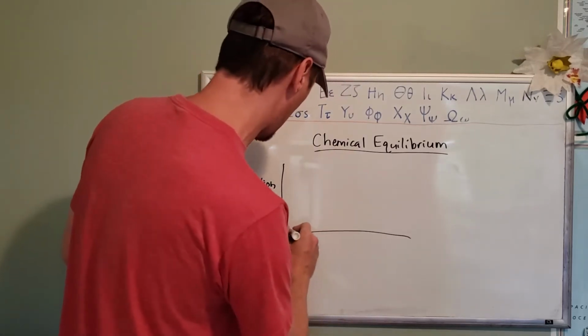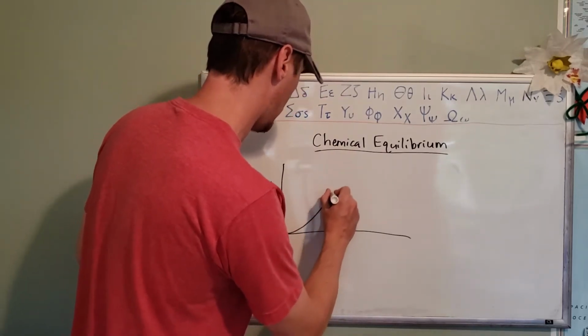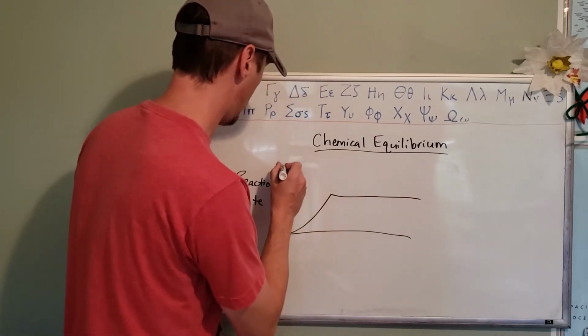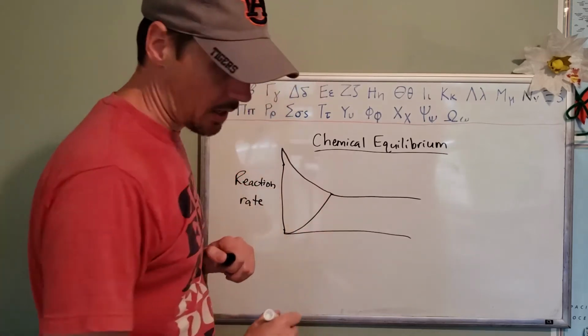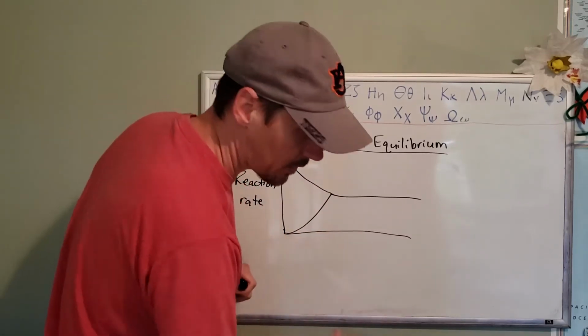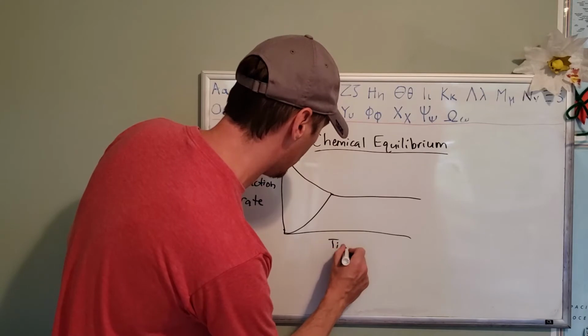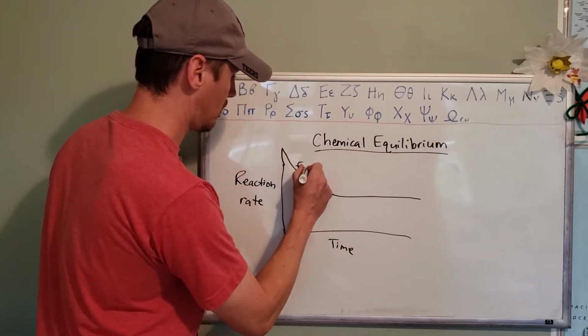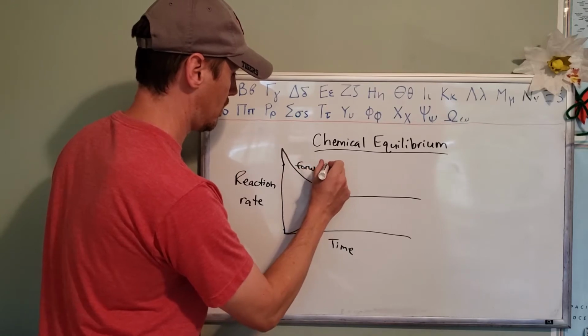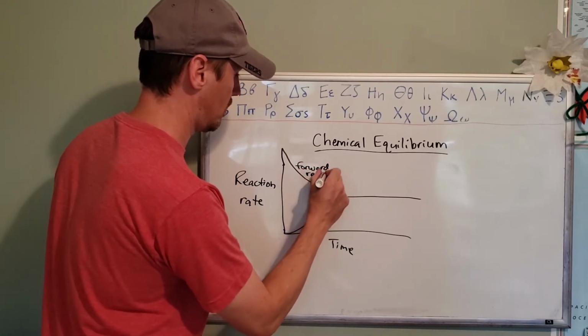And you have something that kind of looks like this. And then up here, you've got something that comes down here like that. And up top, over here, this is time. So as time goes on, right? Up top here, you have the forward reaction. That's how the reaction starts.